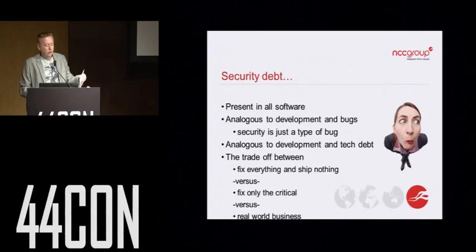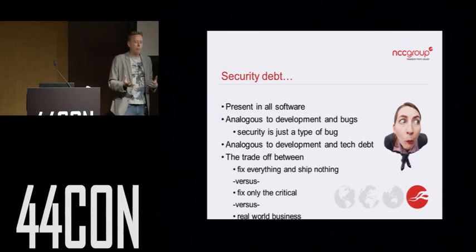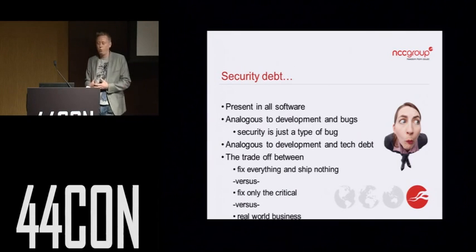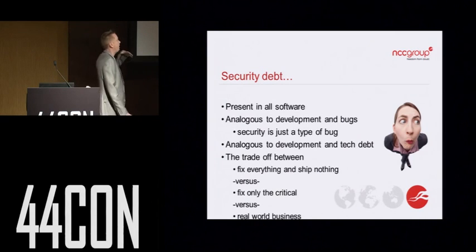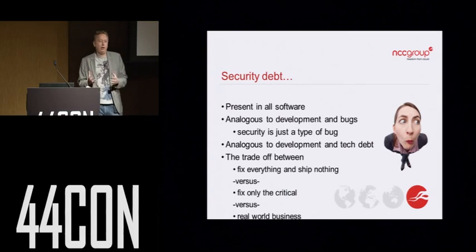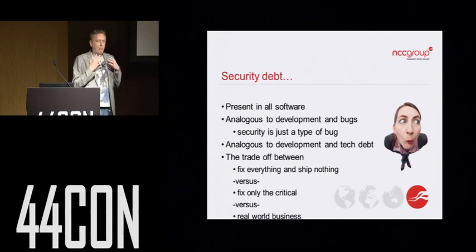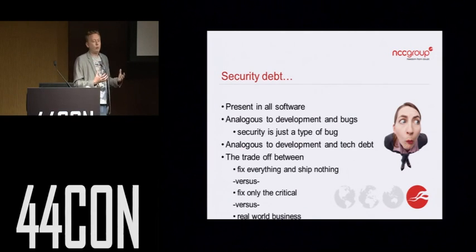So when we start looking at security debt specifically, the reality is that there is no software without security bugs, vulnerabilities, whatever you wish to call them. It is present in every piece of software that we have, and it really comes down to a trade-off between making perfect software and shipping nothing, or fixing only the most critical issues and shipping something, in the real world of business.